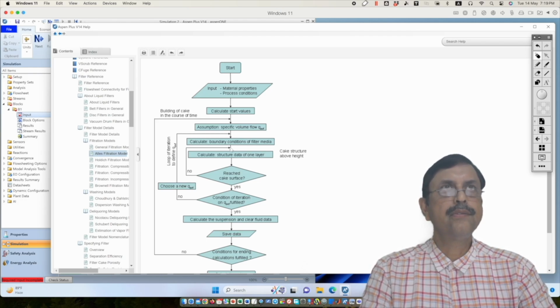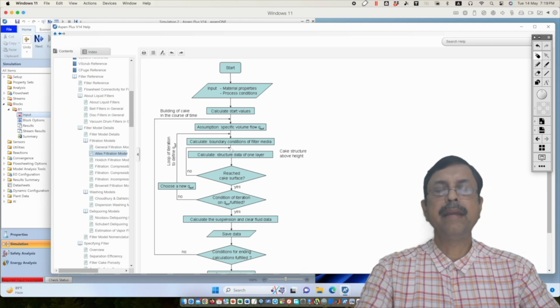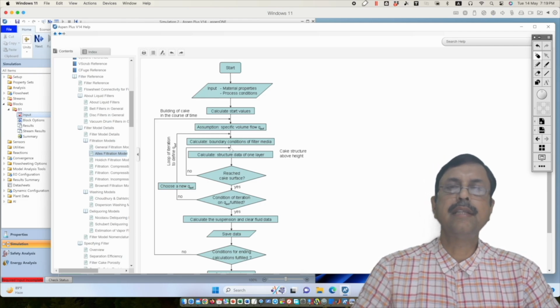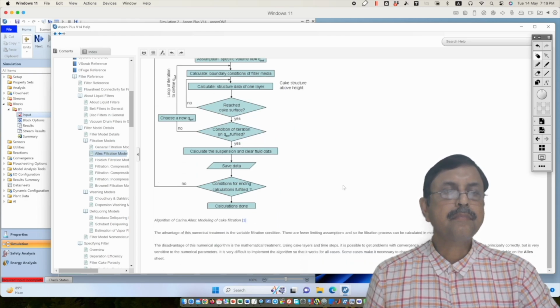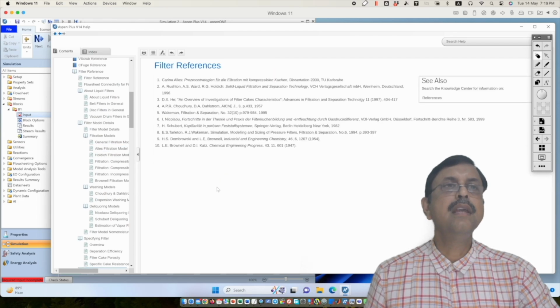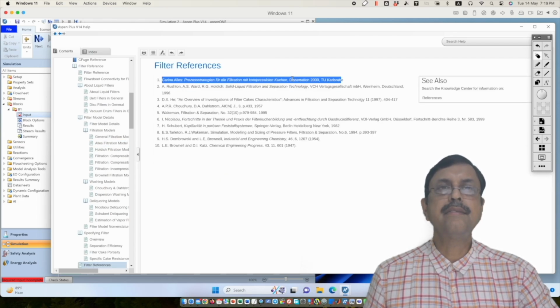Usually for solving any kind of partial differential equation, we come across this kind of situation. So this is nothing new. This is the algorithm for Alice for modeling the cake filtration. You can go to this reference if you want to learn it further. It's a German thesis, rather. That's what we have over here.